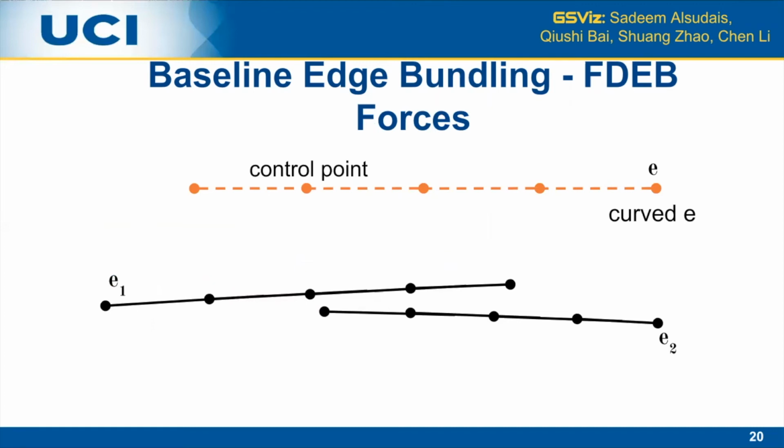In order to curve the edge, it is modeled as a spline with a set of control points so that we can control the position of these control points to drag each point slightly towards the direction of all its compatible edges. In this example, the algorithm moves the control point from E towards E1 slightly, then towards E2 slightly, then the final result of the new location of the control point is the summation of those two directions. The new positions of the control points form the curve.